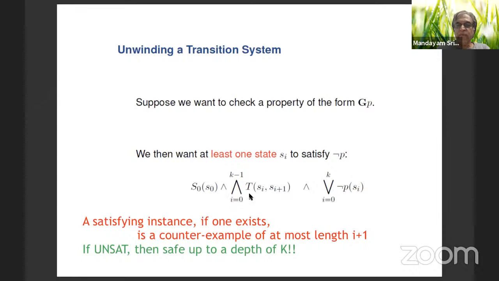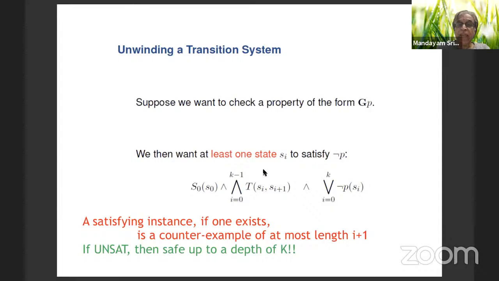What does the formula on the left side represent? T is the transition relation, S naught is the initial predicate, and this is a conjunction of T's over S naught to SK. So this denotes a path of length K in the Kripke model.